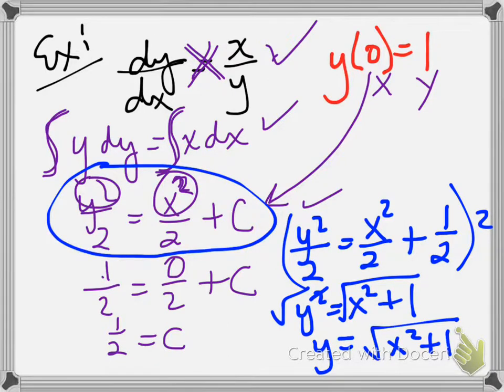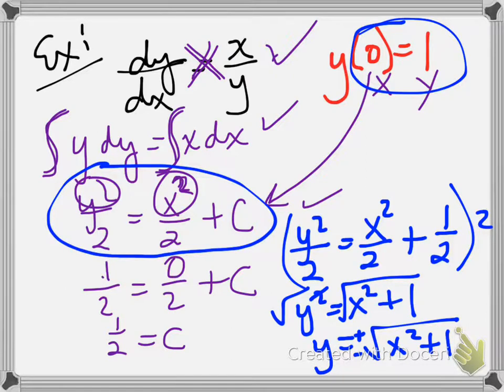Now, you know that when you take the square root of something, it's usually plus or minus. So how would we know if this one was going to be plus or minus? Well, what we would do is go back and look at what happens at (0, 1). Is this going to be where the slope is going up, or where the slope is going down?